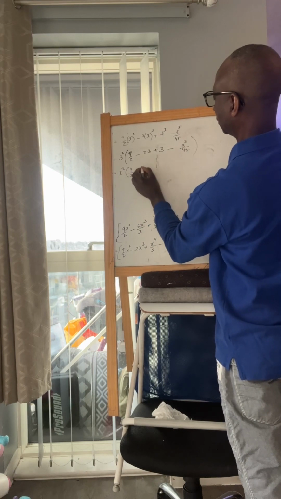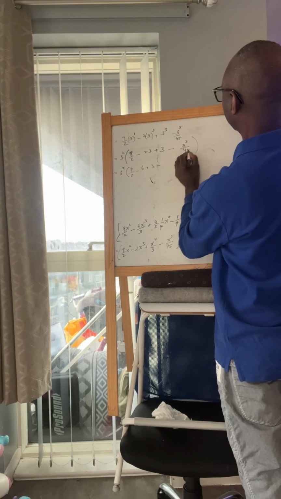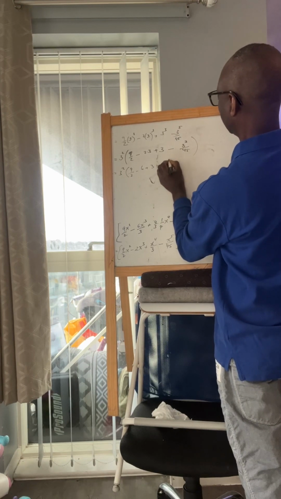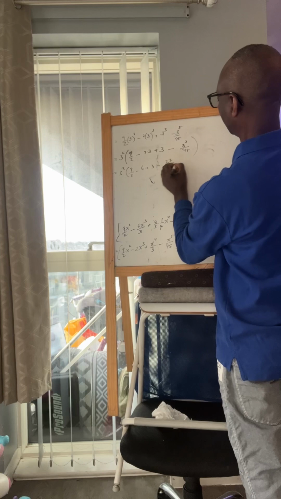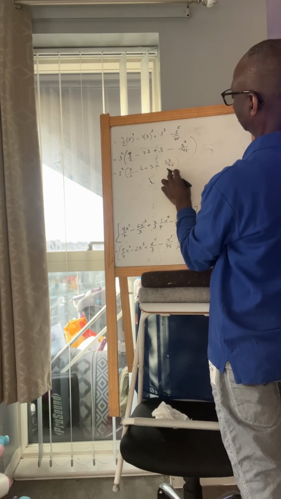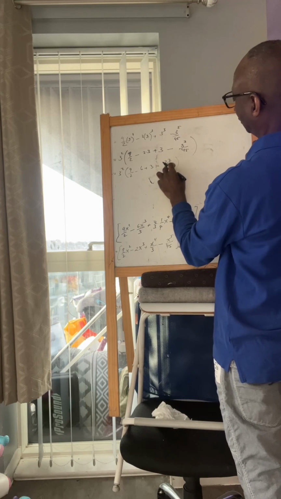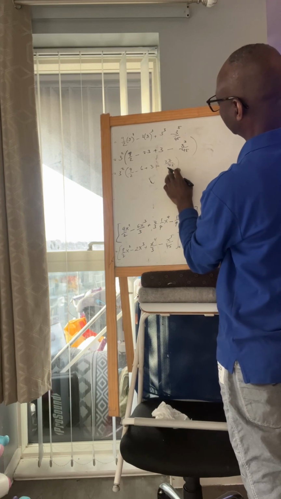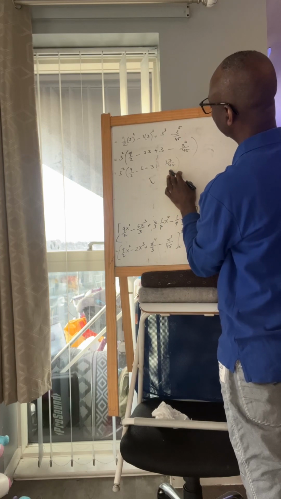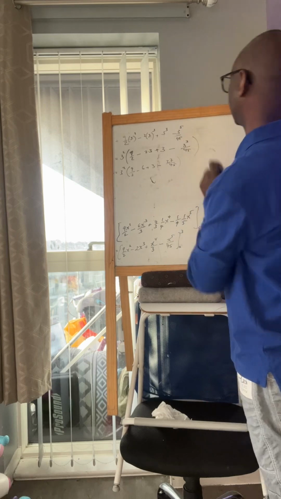This is minus 6 plus 3 minus 27 all over 45. In fact, we can reduce this further because 3 can go into 27, 3 can go into 45, yes.